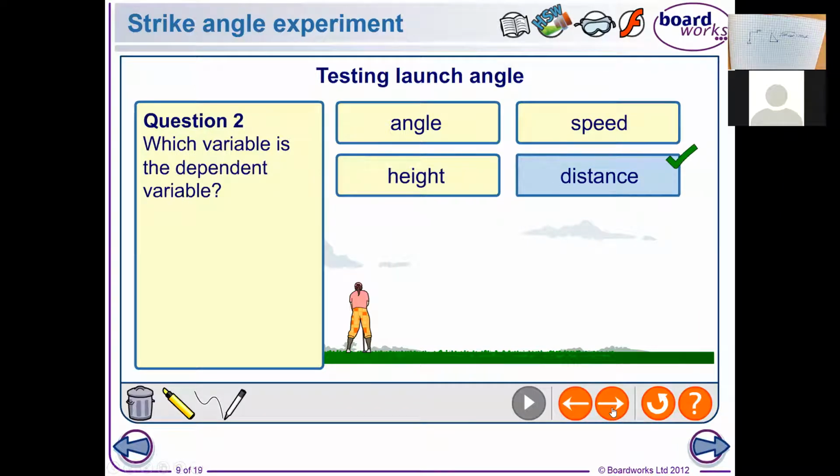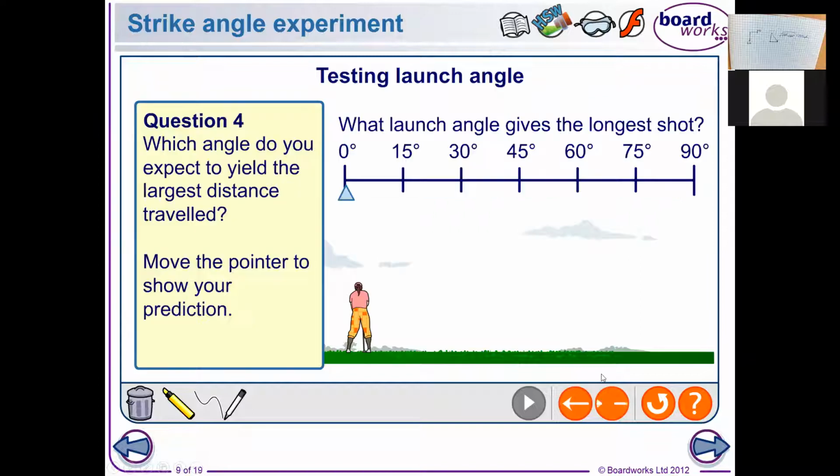Okay, the projectile actually travels, and in order to do this, we need to make sure that we keep the speed of the ball when it's first hit by the golfer, in this case, the same. So if we think about it, we could already start to estimate which angle will give us the longest shot. Can anybody guess what it would be?